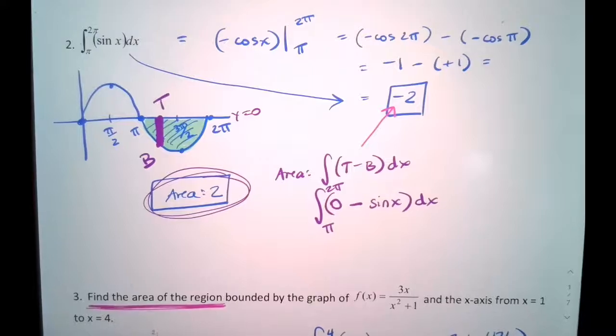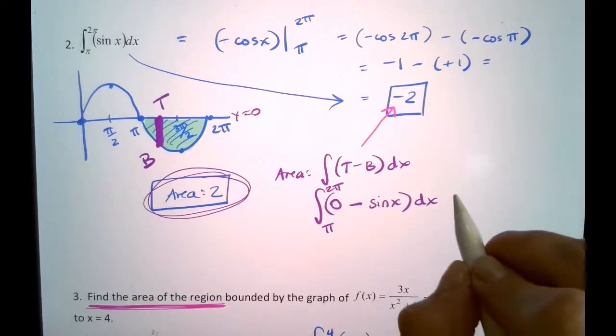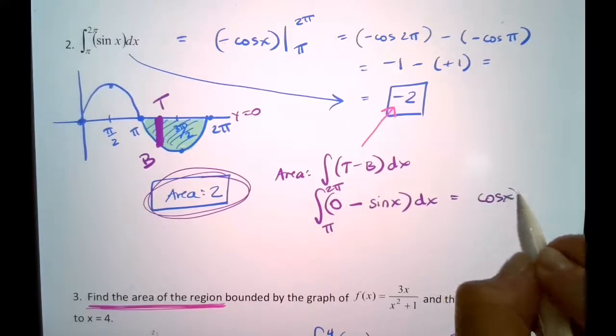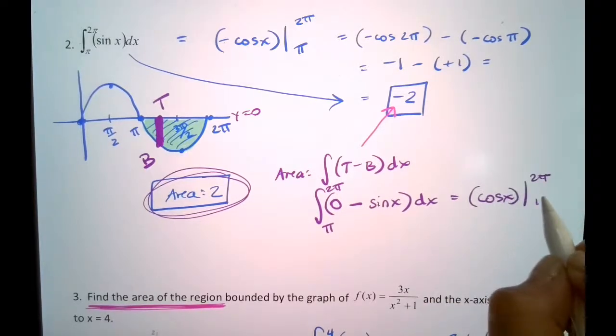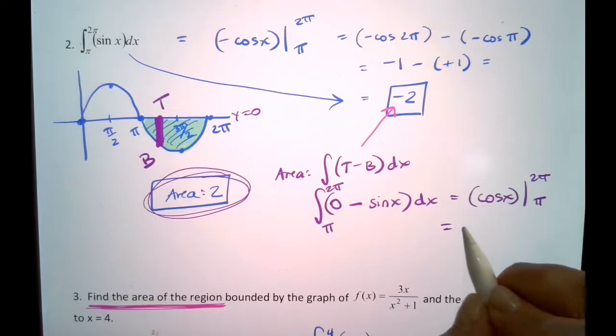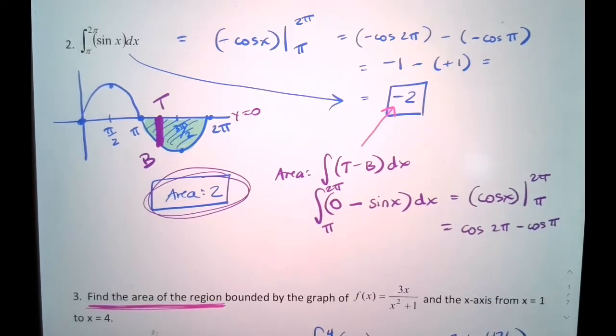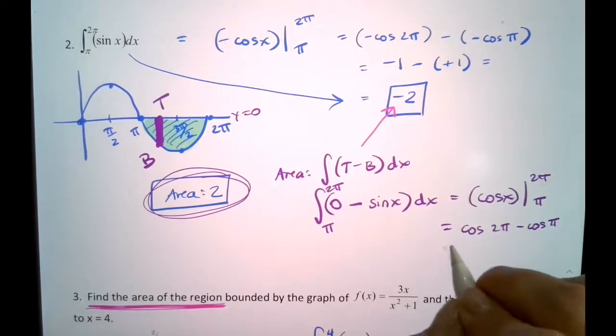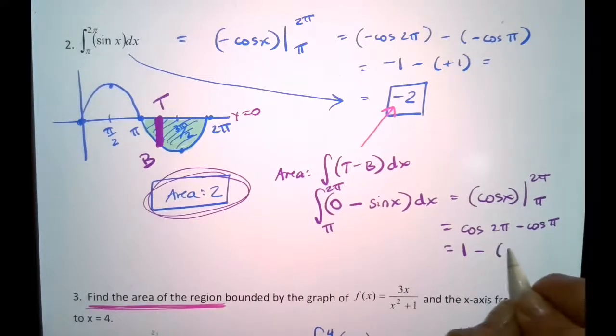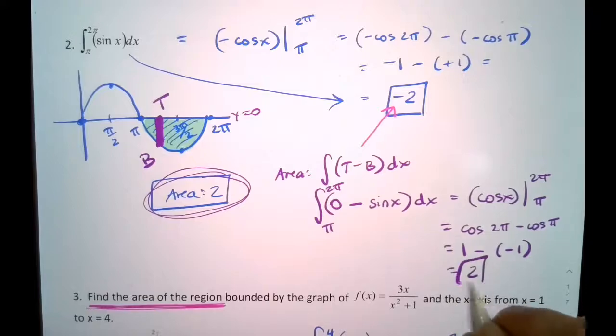The antiderivative of negative sine is actually positive cosine. So you're going to directly get the answer of 2 without any extra changing on your part. The cosine of 2 pi is 1, the cosine of pi is negative 1, and that gives me a 2.